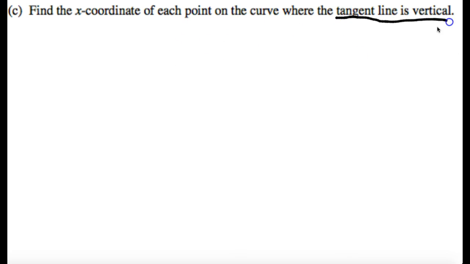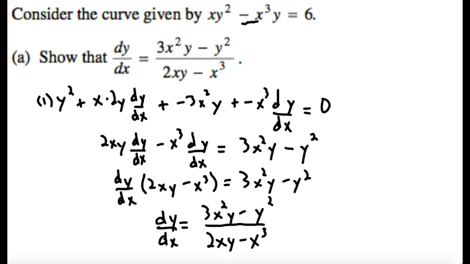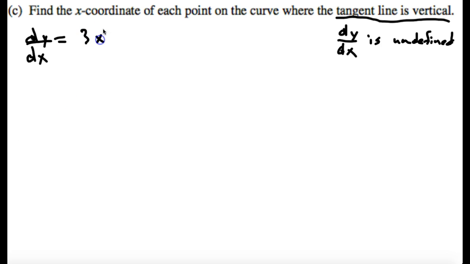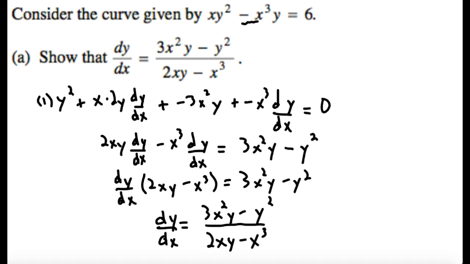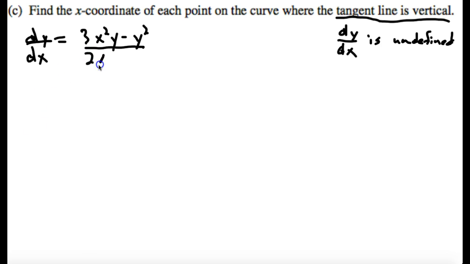Tangent line is vertical, okay, means that the slope is undefined, right? So dy/dx is undefined. Well, my dy/dx was, I gotta go back here, 3x squared y minus y squared over 2xy minus x cubed.